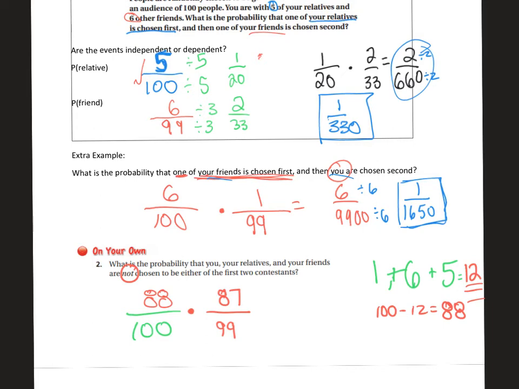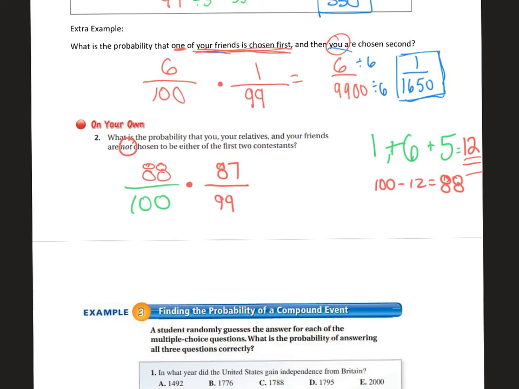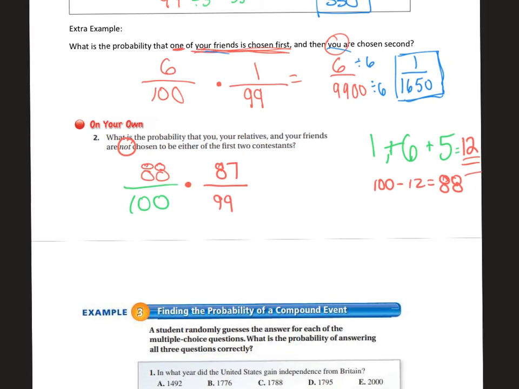Before we multiply across, I am just going to simplify a little bit first. So I know that I can simplify this fraction by dividing the top and the bottom by 4. So 88 divided by 4 will be 22, and 100 divided by 4 will be 25.